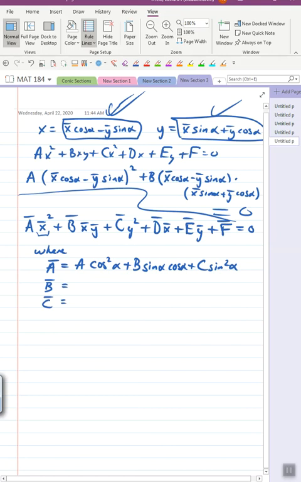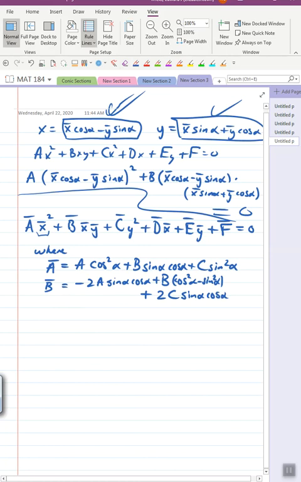The one for b is negative 2a sine alpha cosine alpha plus b times cosine squared alpha minus sine squared alpha plus 2c sine alpha cosine alpha.